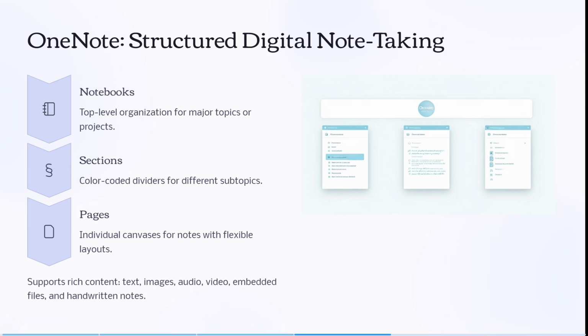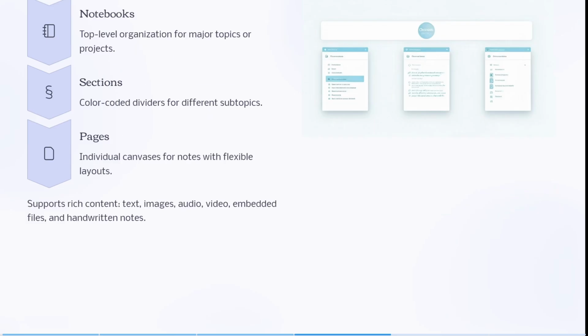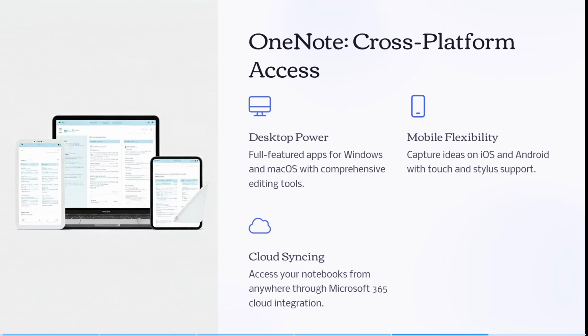Yeah, you heard me right. Handwritten notes. You can also see over here that it has full-featured apps for Windows and macOS with comprehensive editing tools. You can capture ideas on your iOS, your Android, with a touch or a stylus. You can also see that you get access to your notebooks from anywhere through the Microsoft 365 cloud integration.